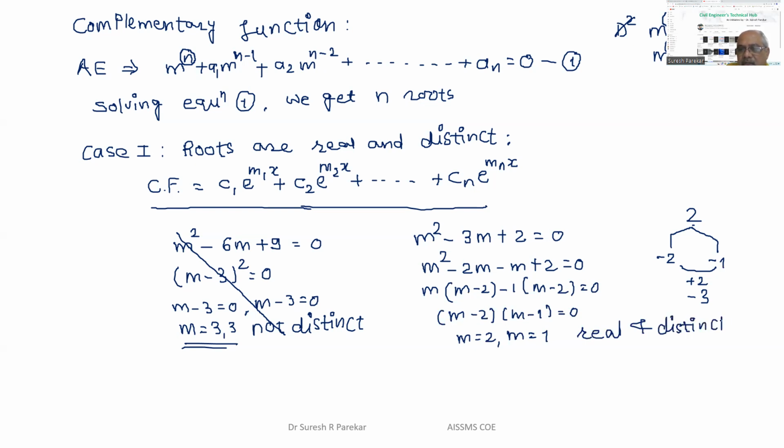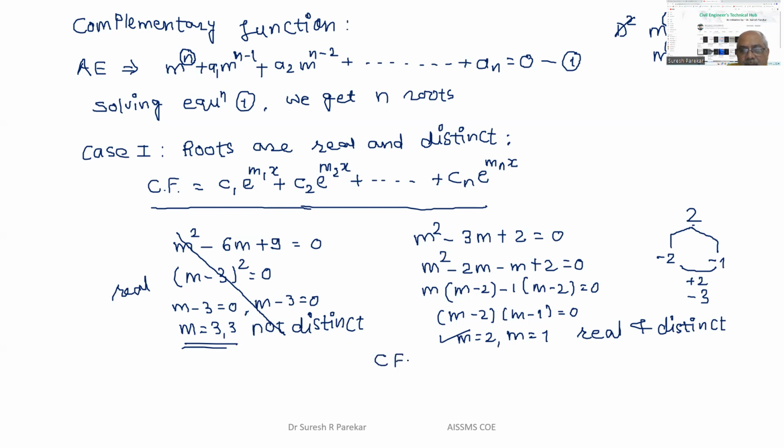So try to understand, in the earlier example we had real but not distinct roots, and therefore we cannot use this form for that. For this case, what complementary function do we get?